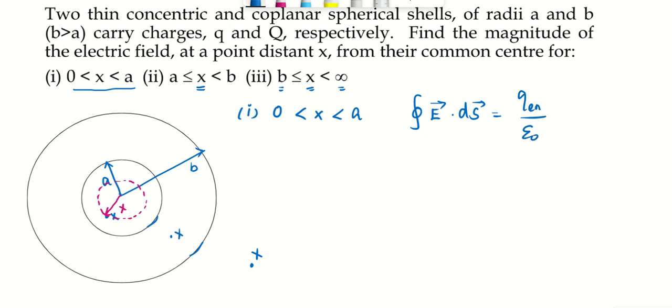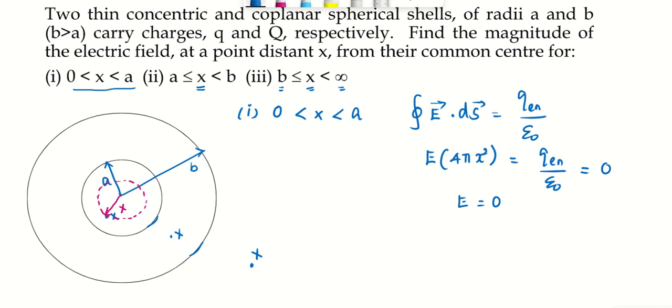Here E goes radially outwards, so E dot dS becomes E times dS, and the surface area of the Gaussian surface is 4 pi x squared, which is equal to q enclosed divided by epsilon 0. But if you observe, inside the shell there is no charge, so q enclosed is 0, which says that E equals 0 in the first case.